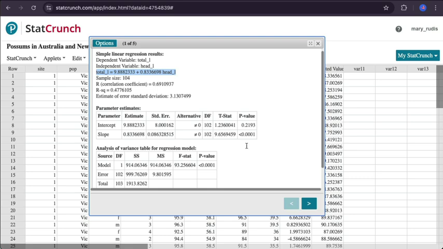And we need that p-value of the slope to be less than our alpha, which is 0.05. So the p-value of the slope needs to be less than 0.05. If we've got all of those things, then you have a pretty strong case for your linear regression equation.